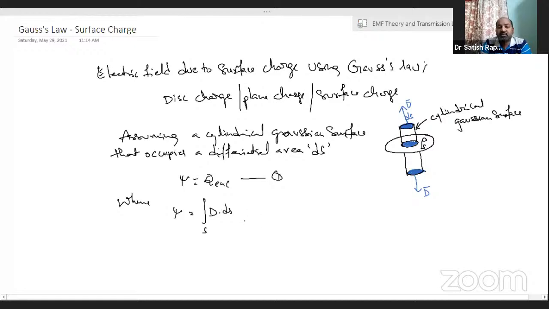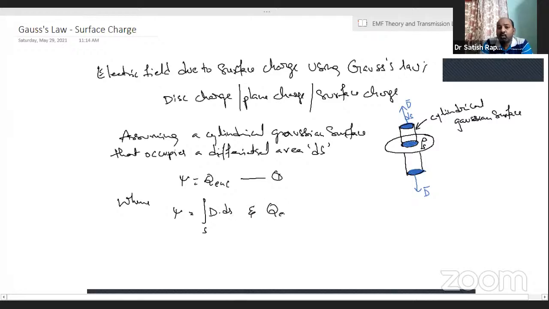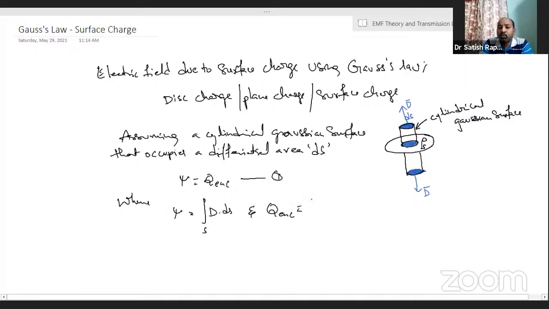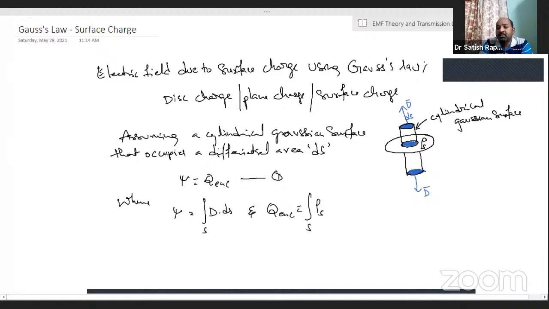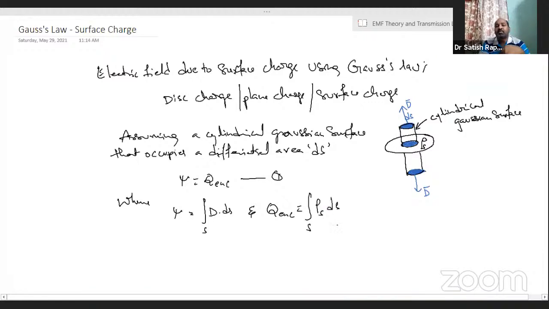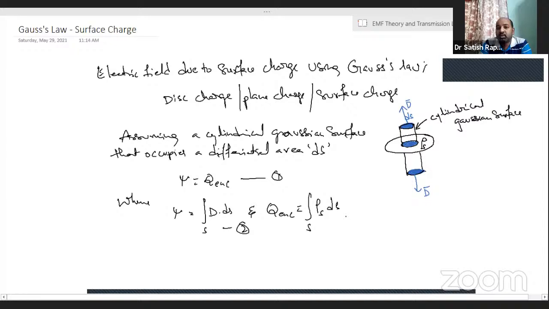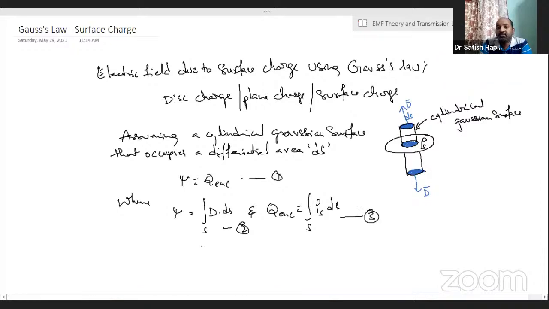And Q enclosed is equal to the surface integral rho s dS, right? So these are the two equations, and let us say this is equation 2 and this is equation 3.